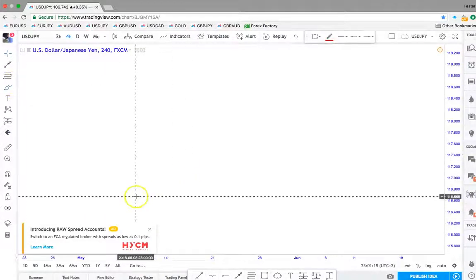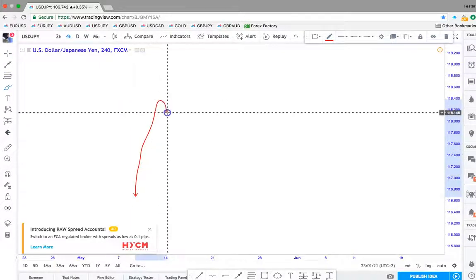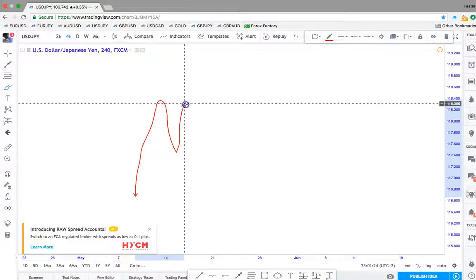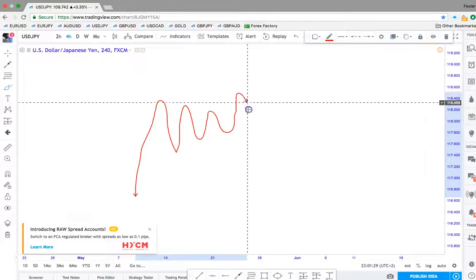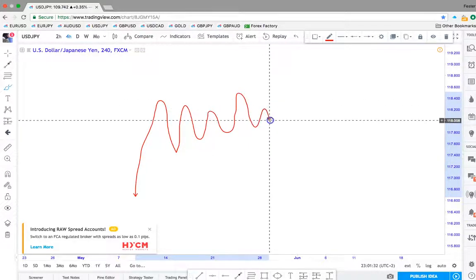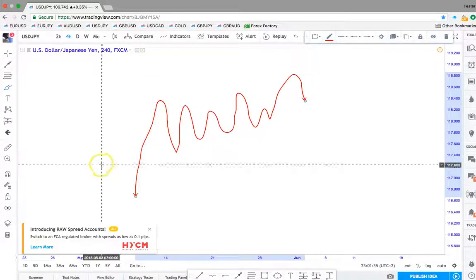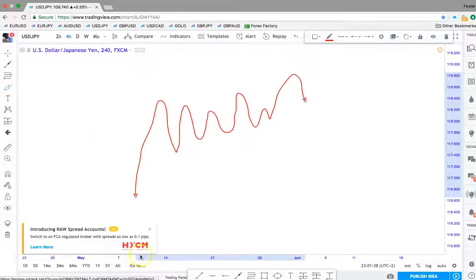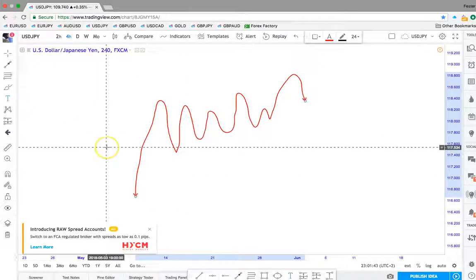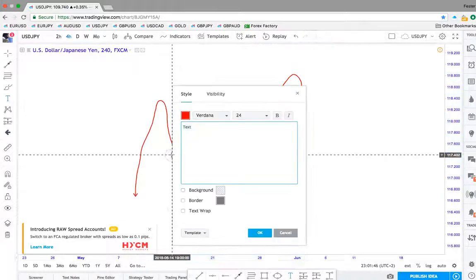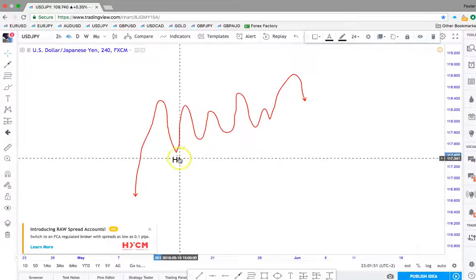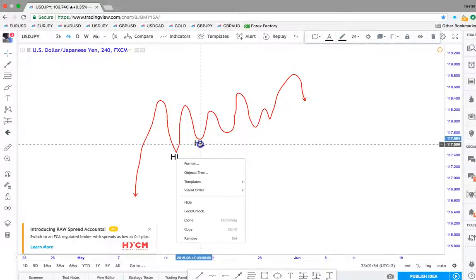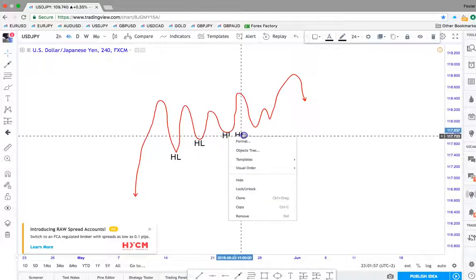So let's say this is what's happening. Something like that. Okay, so now it looks a bit more confusing. So let me show you how you guys can always stay in tune with what's happening and never get faked out. So this over here is our yellow. Make it black. So this is our yellow.